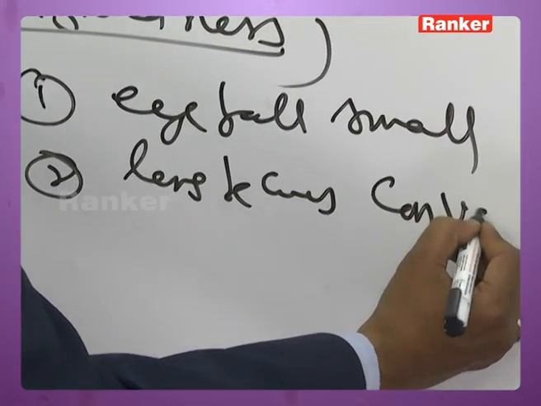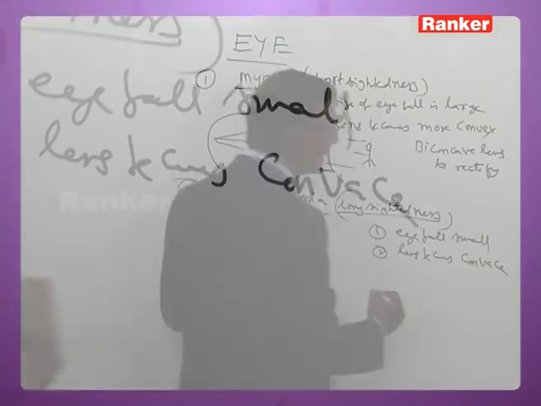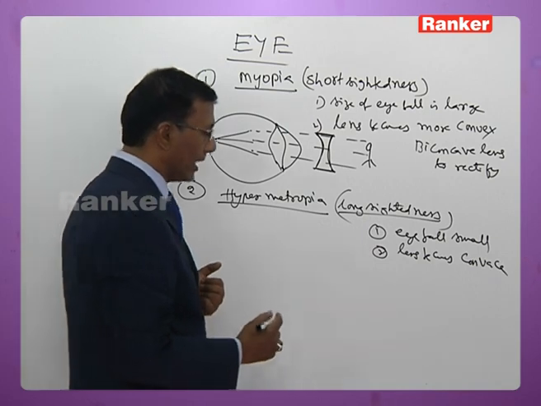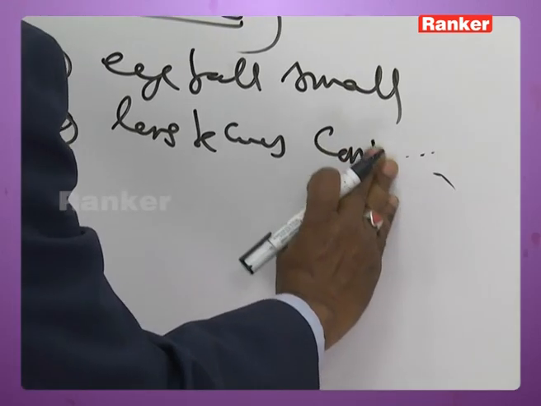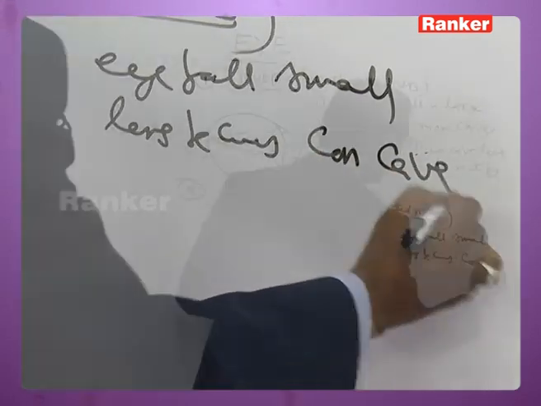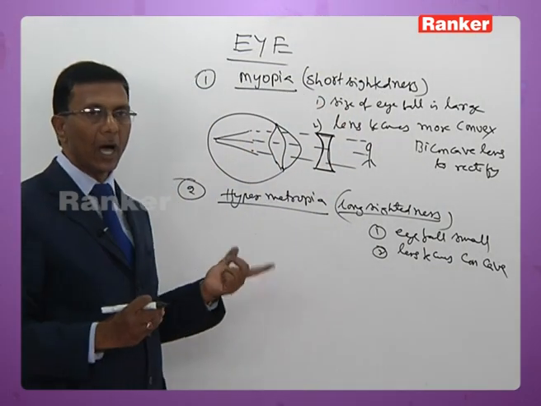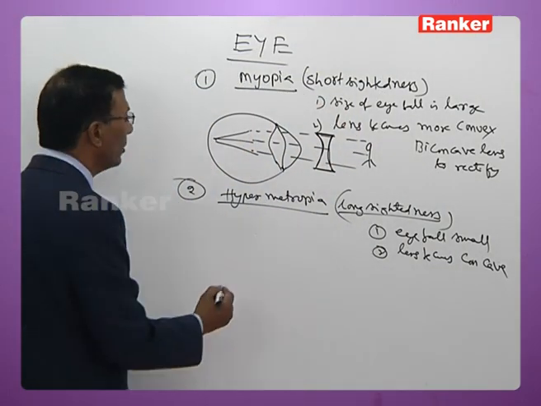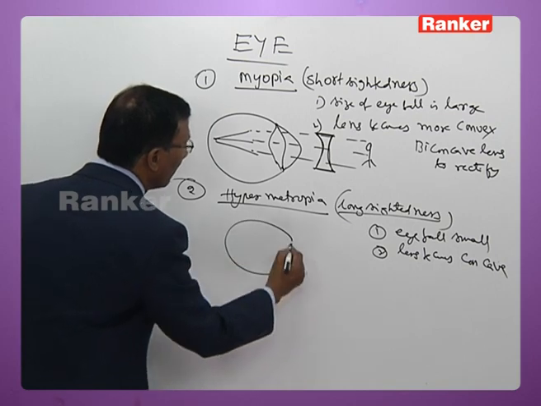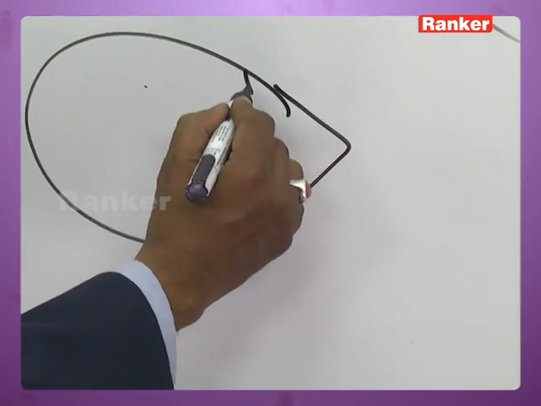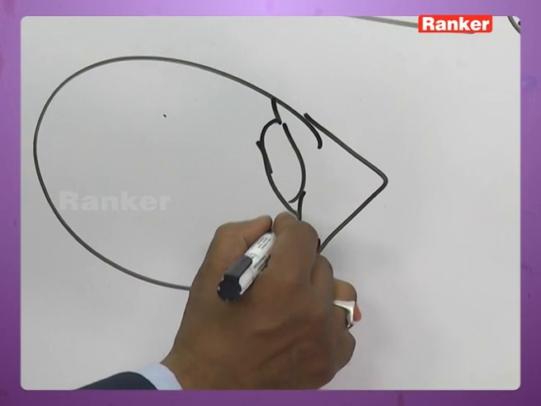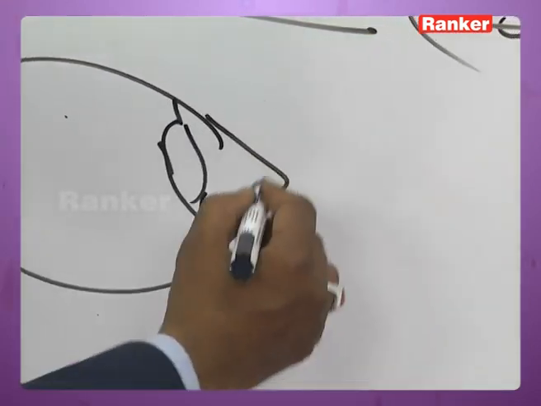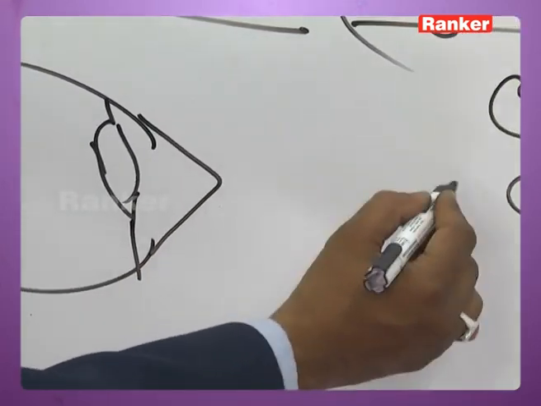Or, number two, the lens becomes concave. The curvature of the lens decreases. So the eyeball becomes small or the curvature of the lens decreases. When the eyeball is small, only distant objects can be seen clearly.